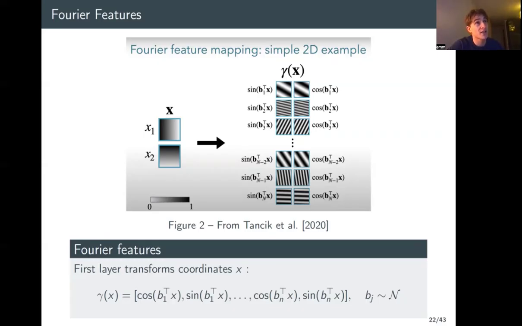What happens in practice is that you can sort of shift your functions a bit how you like. So if you need to represent the higher frequencies, the hope is that you're going to be able to learn which frequencies you need to learn. But in practice, I'm not sure it's done that much. Specifically, if you're in low dimensions, it turns out that you don't need that many directions. Of course, the number of directions increases exponentially in the dimension, but if you're in 2D, sometimes you don't even need to sample them randomly.